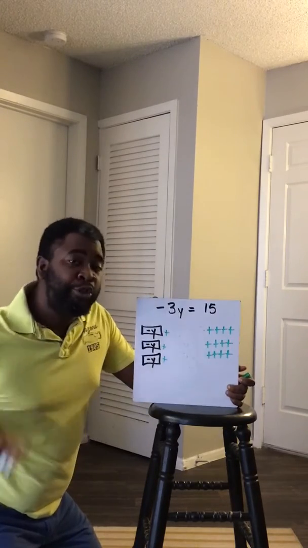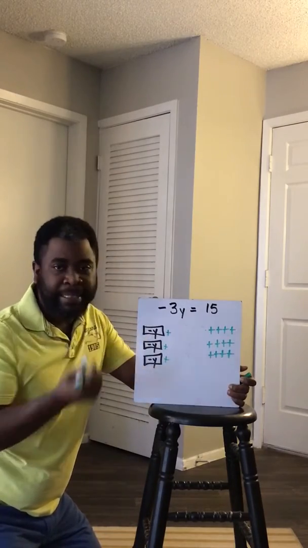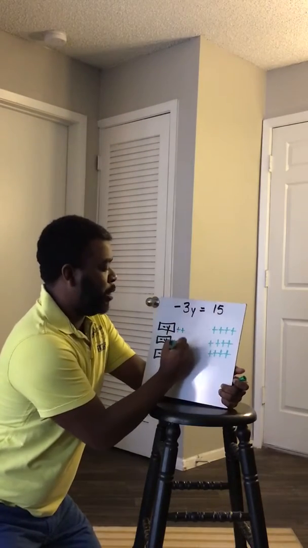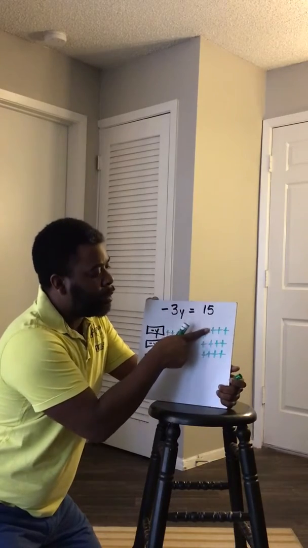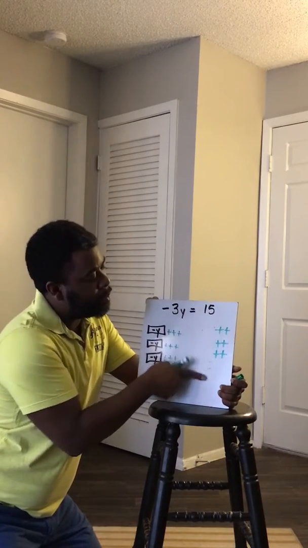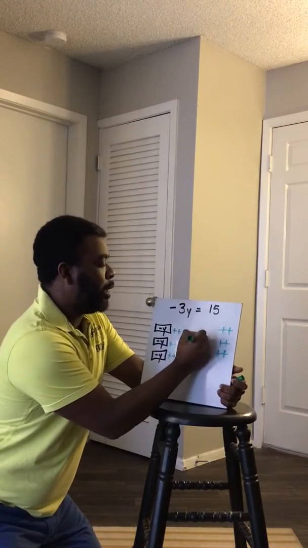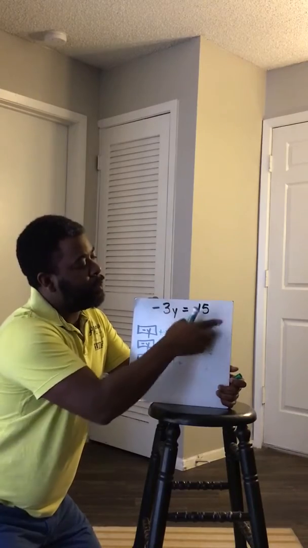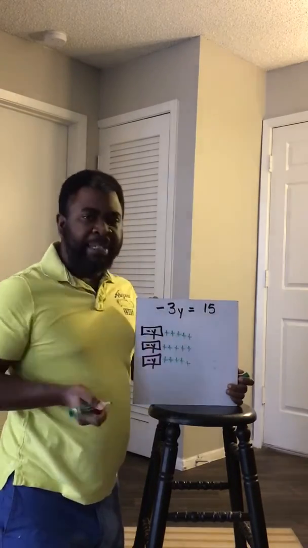And I'm going to keep doing that process until I'm done and each y has the same amount. Got rid of those. So each negative y has 5 positives in it.